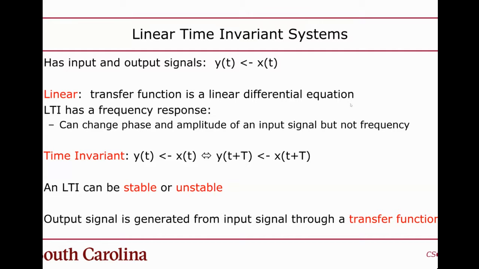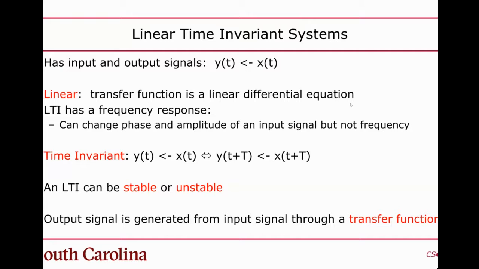It's also time invariant, which means that the output signal doesn't depend on the time. It only depends on the input signal. If you have the same signal coming in, it doesn't matter if you time shift both the input and the output signal simultaneously, you'd still get the same result.